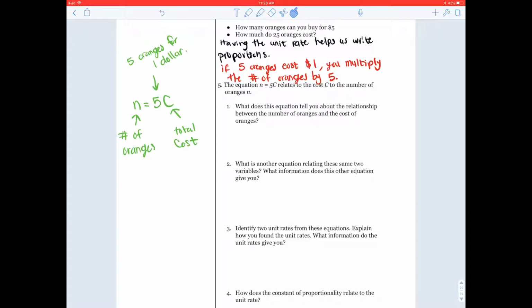The number of oranges is equal to 5 times the total cost.